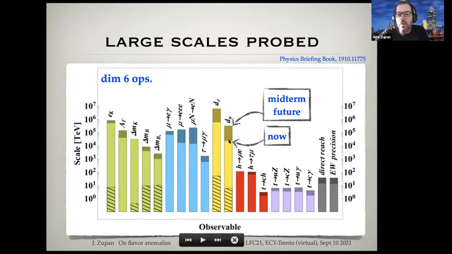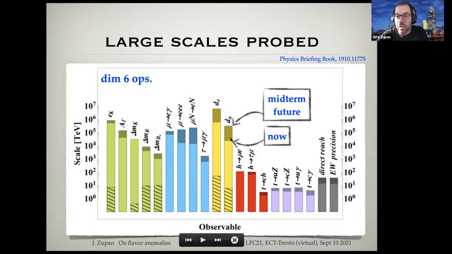Here, what's shown is that the colored bars are where we are now, and the grayed out parts are the projections for the improvements on the reach over the next 10 to 15 or maybe 20 years.